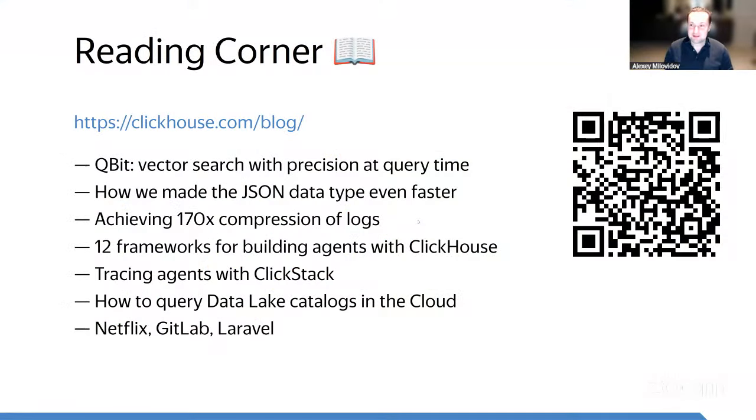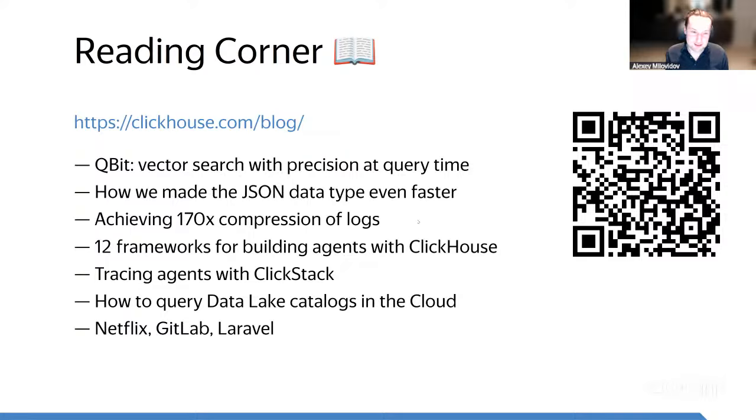And we have a lot of interesting stuff in our blog. If you want to learn how QBit is implemented, how it works, we have a write-up about it. We also made the JSON data type many times faster. We achieved 170 times compression of logs.